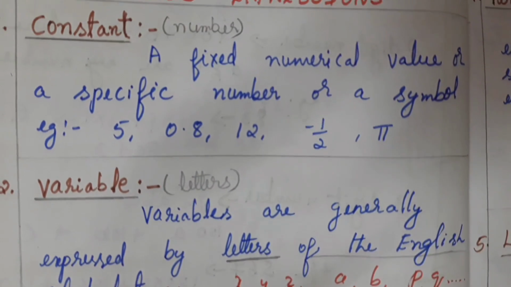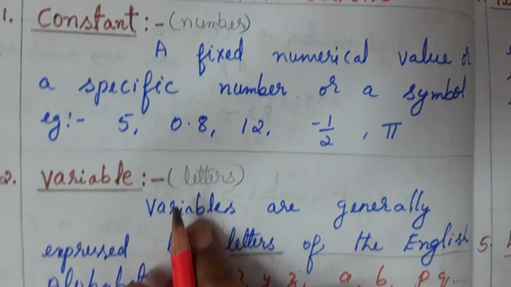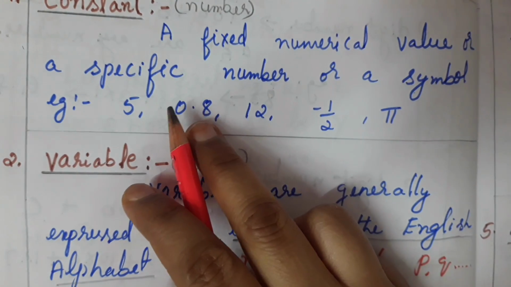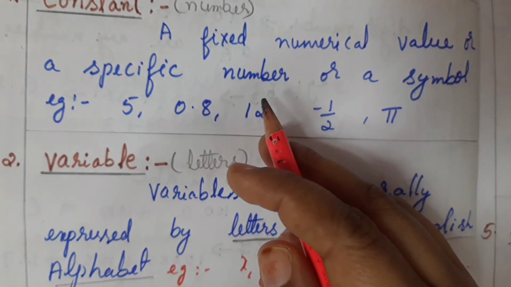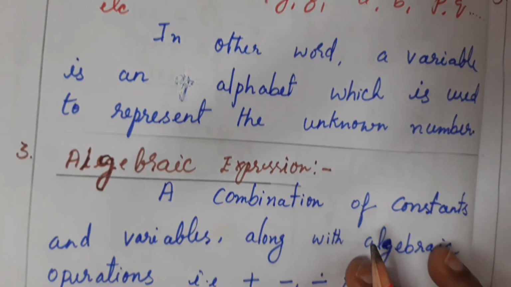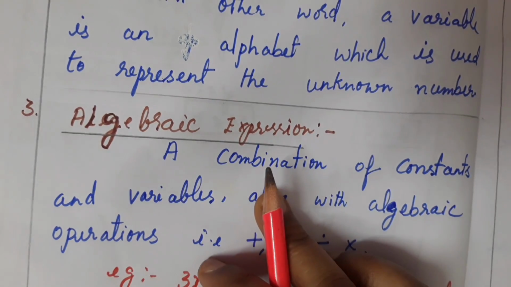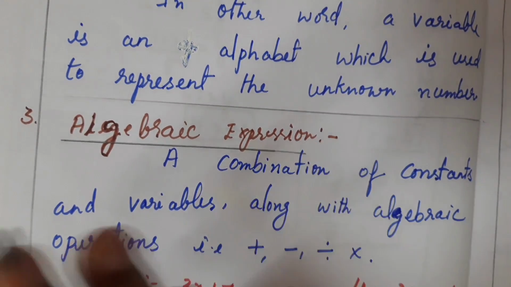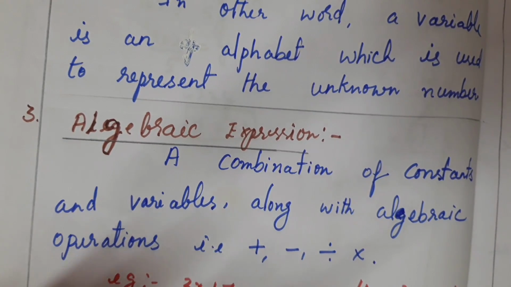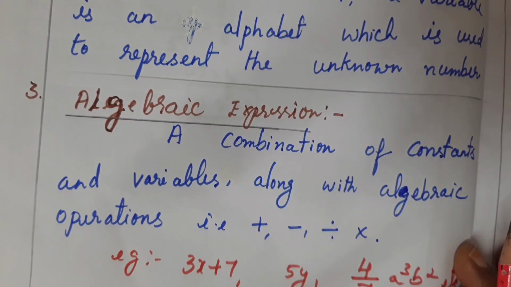So constant means numbers, variable means letters X, Y, Z. Constant means numbers 5, 6, 10, any fixed numbers. Next is algebraical expression. Algebraical expression means letters and numbers, English alphabet and numbers with any common symbol.